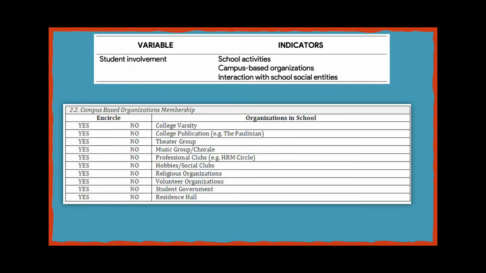So the next dimension is campus-based organizations. And in this study, what we did here is we listed down all of the common organizations that are found in school, like the varsity, the college publication, theater group, etc. And then, just like the earlier questionnaire, they were asked to answer whether they attended this organization or they were members of these organizations or not.